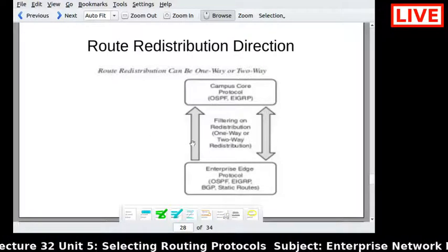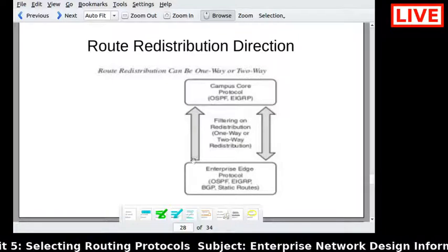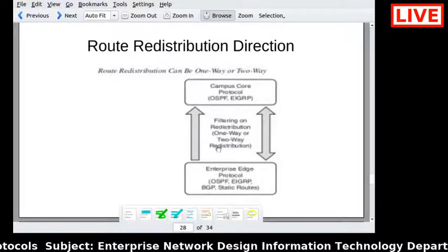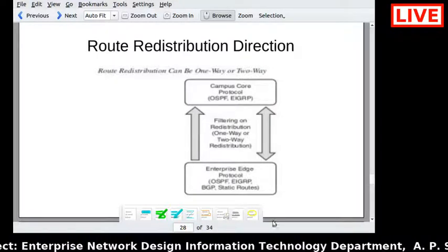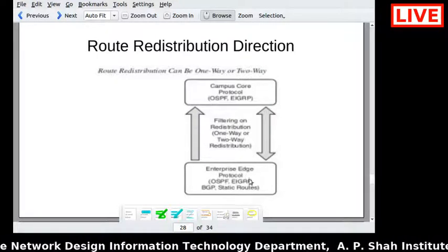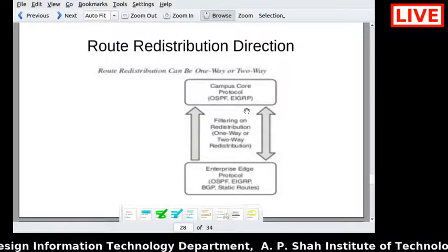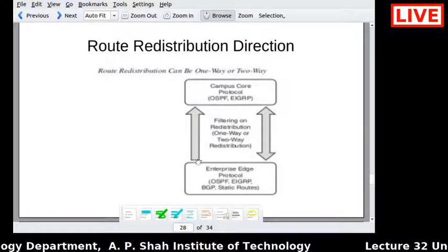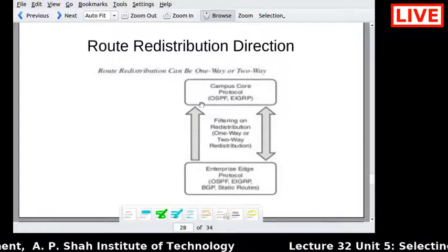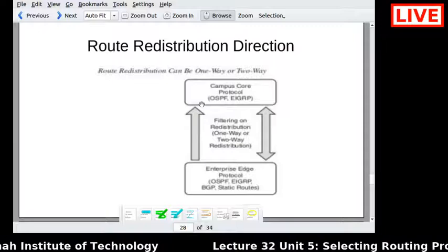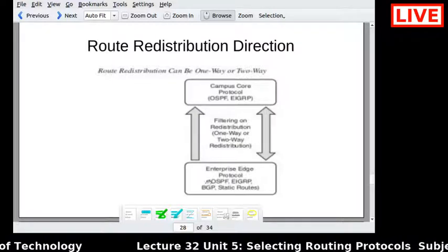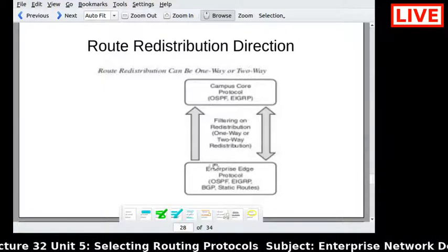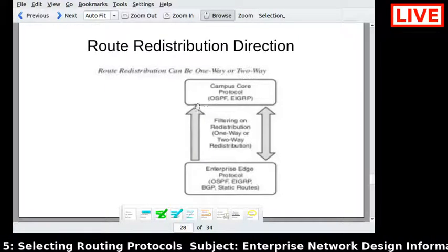If you see here, it is a single way from the enterprise edge protocol to the campus core protocol, or it can be a two-way redistribution, from the campus core to the enterprise edge protocol, or from the enterprise edge protocol to the campus core. In a one-way route redistribution, from the enterprise edge to the campus core protocol, the routing information will be redistributed from one routing protocol or domain to another domain, but not vice versa.